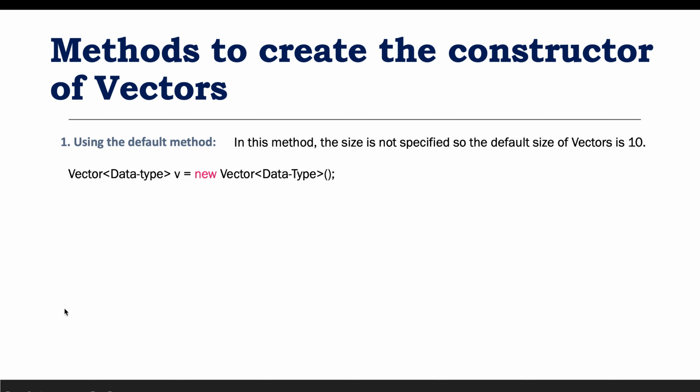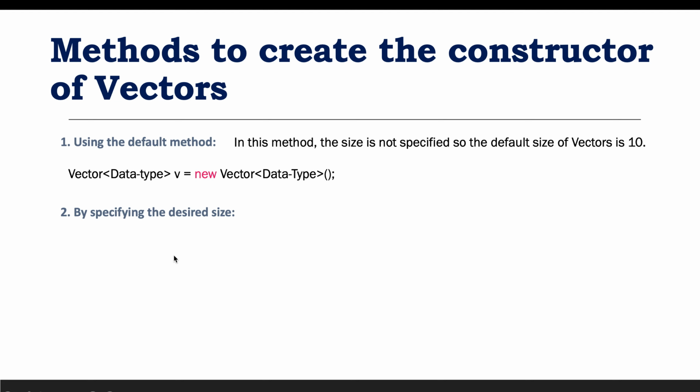If you want to create an object of the Vector class, we use the generic way. Generic means we can specify what kind of data we want to store inside the vector. So Vector of data type, then variable name equals new Vector with the same data type. This is one way.